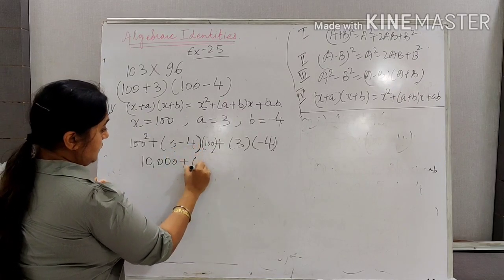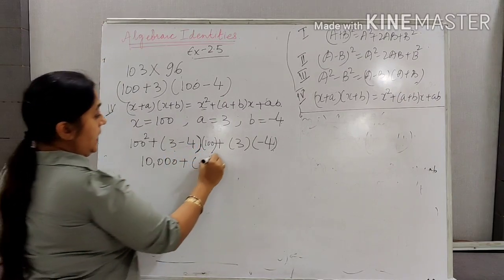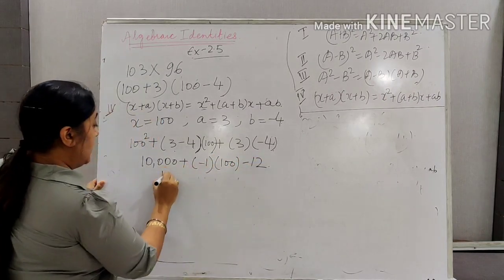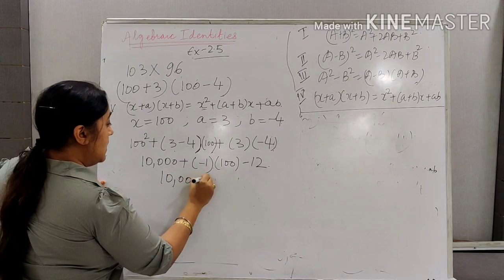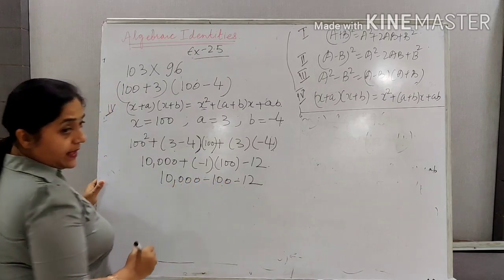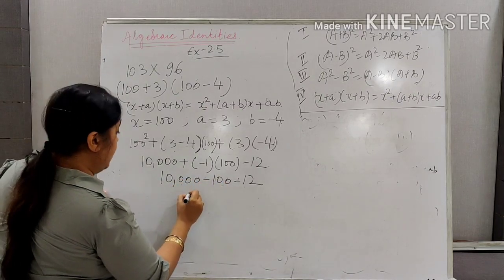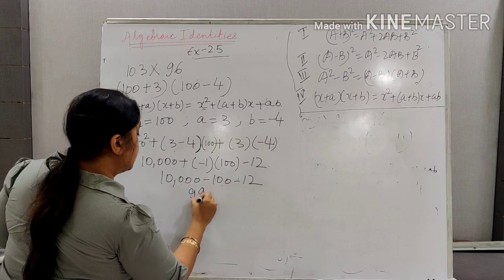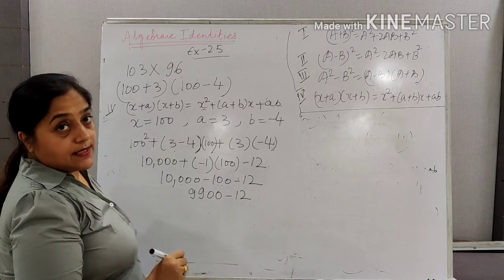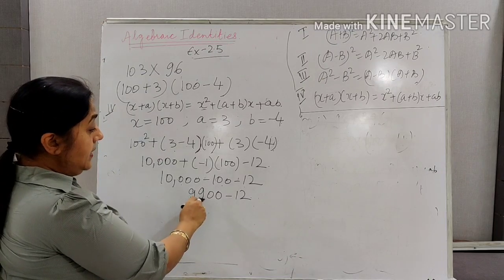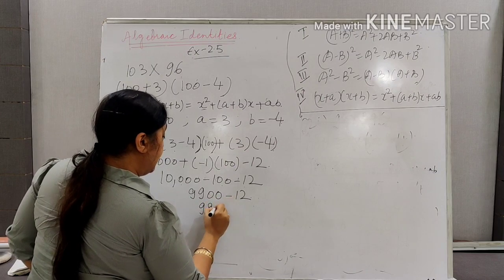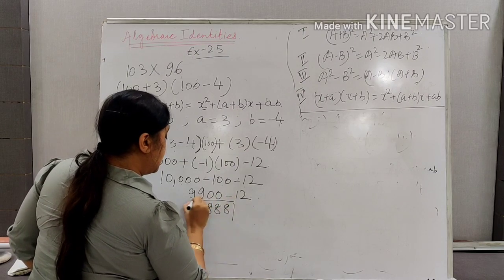Plus 3 minus 4, it is minus 1 into 100, minus 12. So it is 10,000 minus 100 minus 12. 10,000 minus 100 will be 9,900 minus 12. Got it? What do you get? 9888 is the answer.